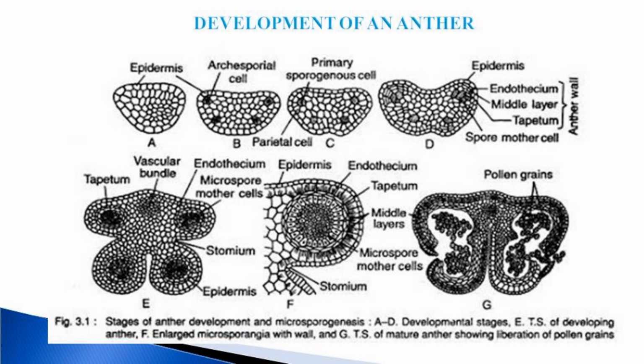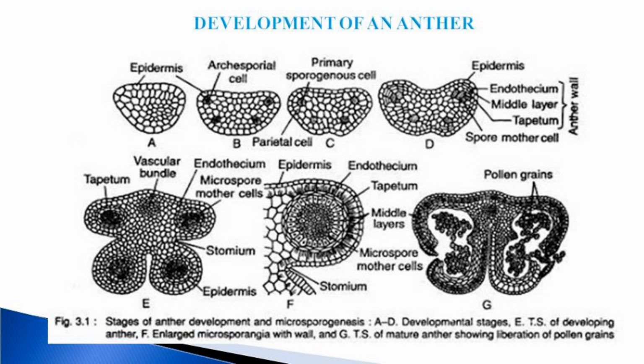Now you can see a picture of development of an anther, a diagrammatic representation. It is having A, B, C, D, E, F, G parts. Okay, so our explanation will begin from the A part.